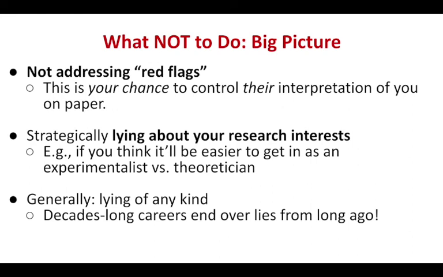But this is something that admissions committees do look out for: people doing this intentionally and purely for strategic reasons as opposed to genuine interest. So we don't think it's worth doing that. Of course, more generally, it's just lying of any kind. Don't do that, especially in an academic setting where even the appearance of dishonesty is bad enough.